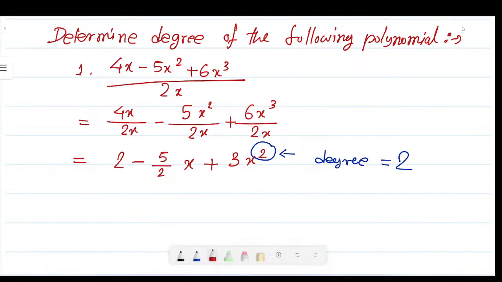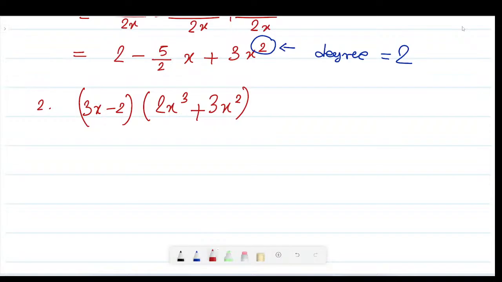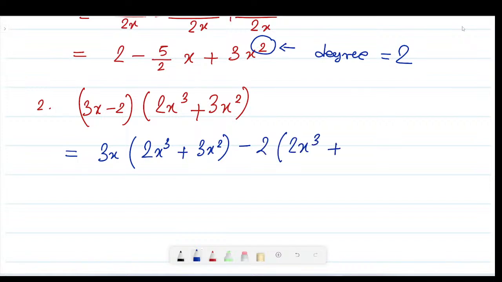So next, 3x minus 2 and 2x cube plus 3x square. So at first we break it. We use here the distribution property. This is our distribution property.